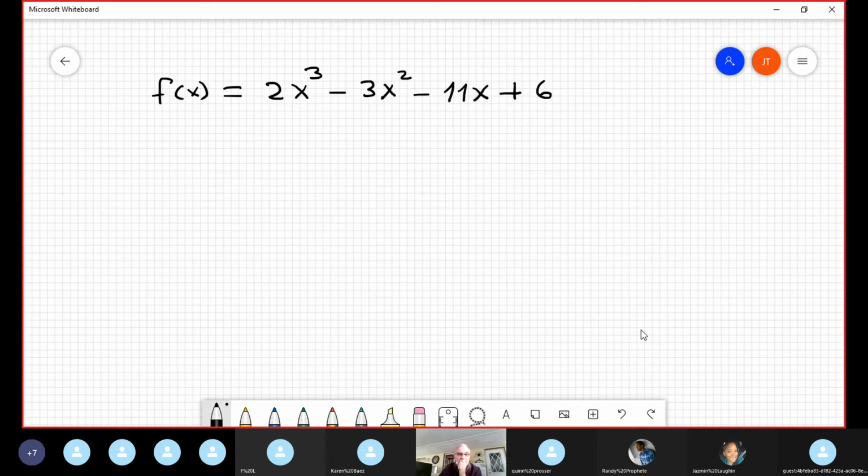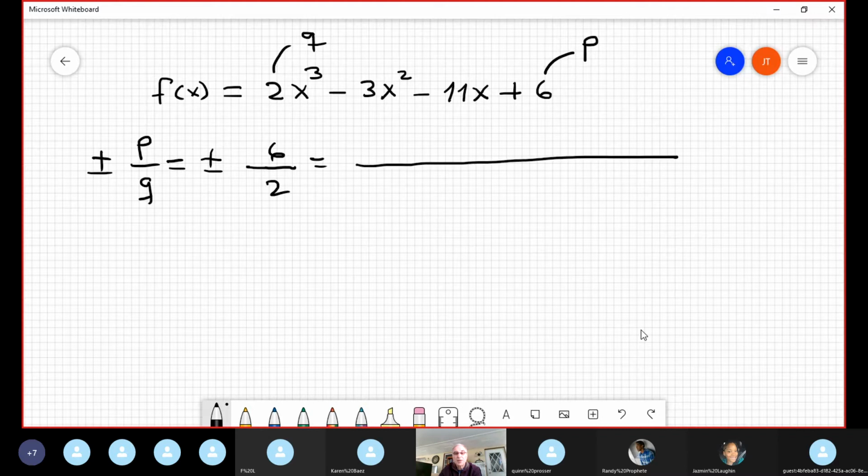Let me start with the rational potential zero, okay? It's plus or minus the formula, P divided by Q. In our example, this guy is P, and this guy is Q. So plus or minus 6 over 2, no? Can you break it down like that?